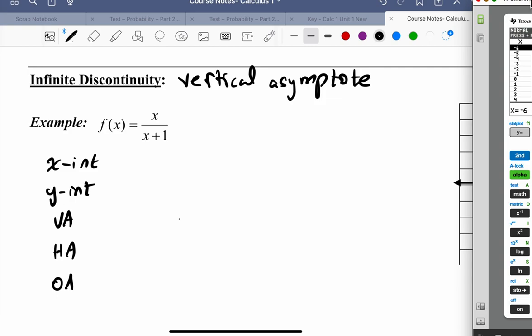And most of the time it's just sight recognition, right? Because if I'm looking for an x-intercept, I'm setting my function equal to 0. If I set my function equal to 0, cross multiply, simplify, I'm going to get x equals 0, right? So my x-intercept is at x equals 0.